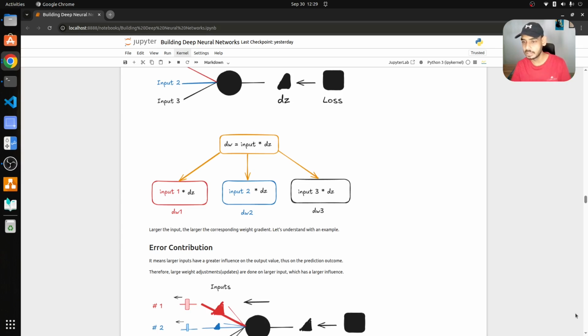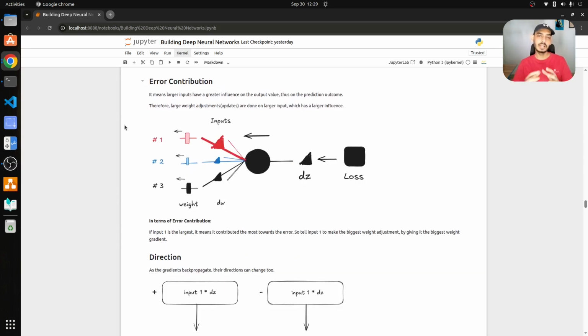Let's understand with an example in terms of error contribution. Consider you have 3 inputs and one input has a larger impact on the final prediction. That means larger inputs have greater influence on the output value, and thus on the prediction outcome. Therefore, larger weight adjustments are done on the larger inputs, which have larger influence.